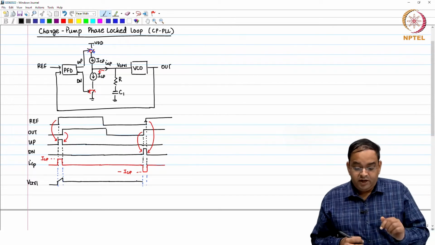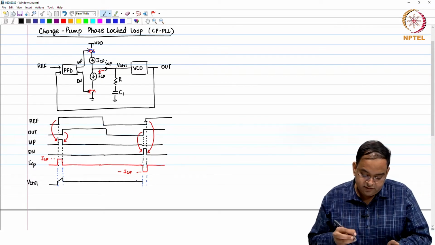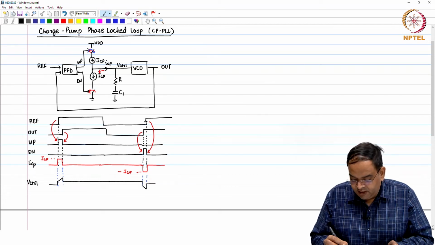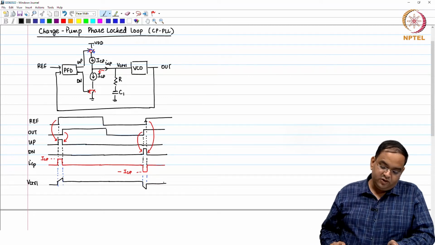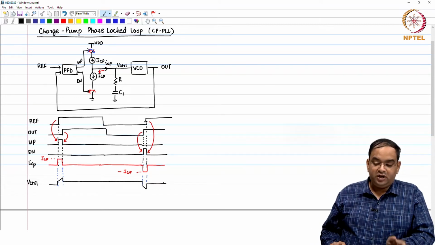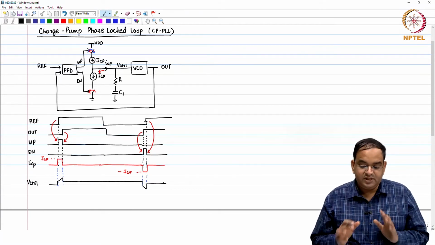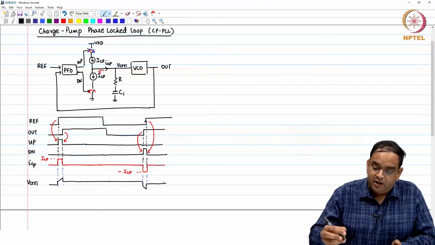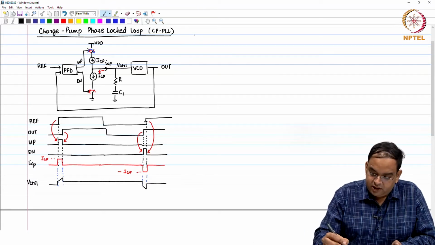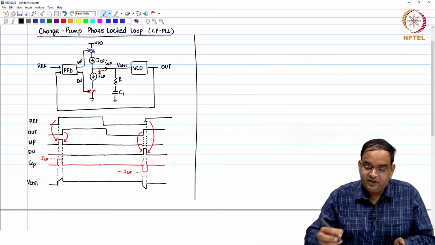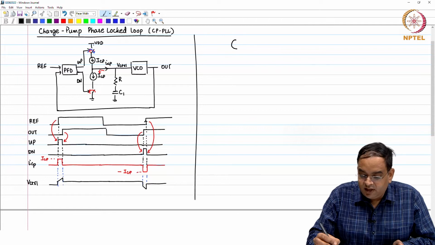When you get a negative pulse, then you will take a minus jump of ICP R, it will integrate in the opposite direction and your control voltage will become like this. So, this is what is happening to your control voltage. Now, based on the control voltage, your frequency will change and the phase will change and the PLL is going to lock.